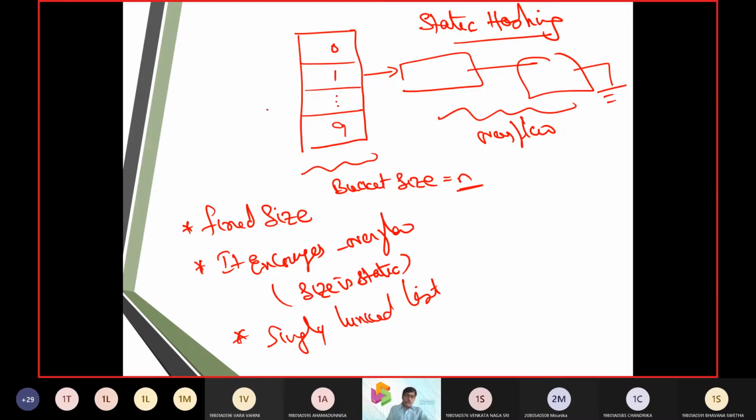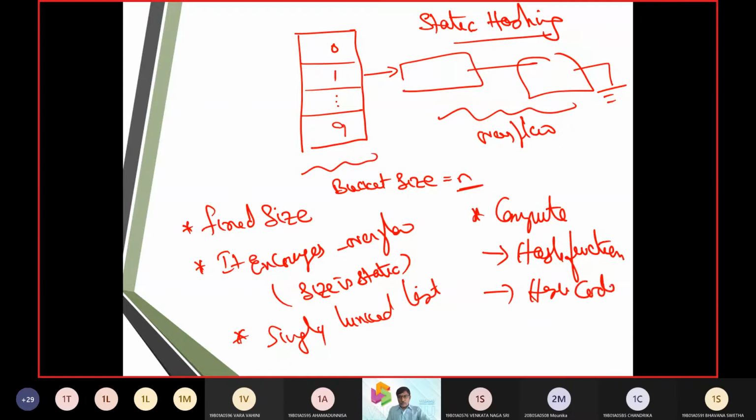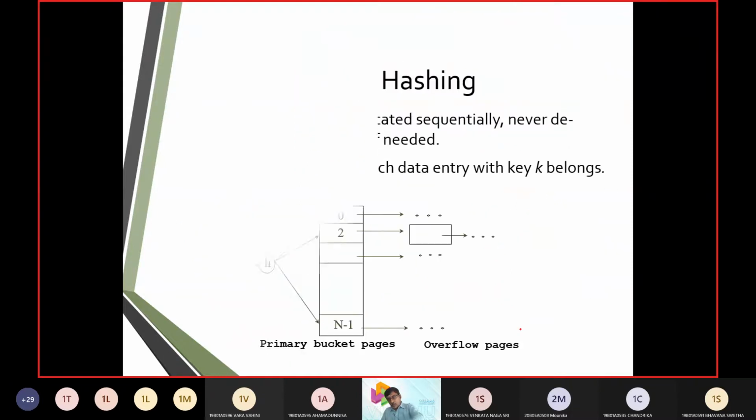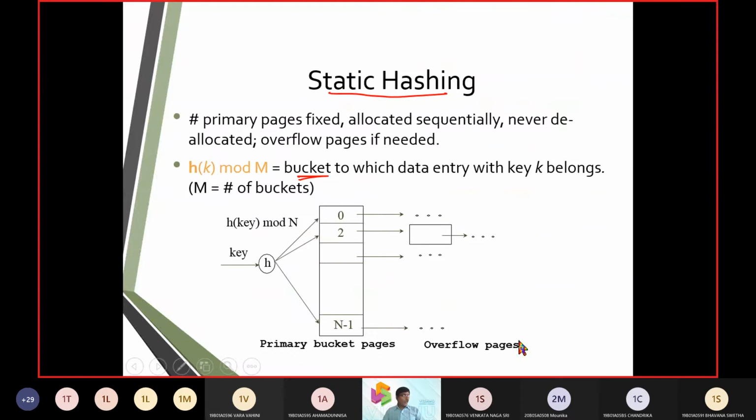Now how are we going to compute? We will compute with a hash function, and it is going to generate a hash code. How is the hash code going to be taken up?